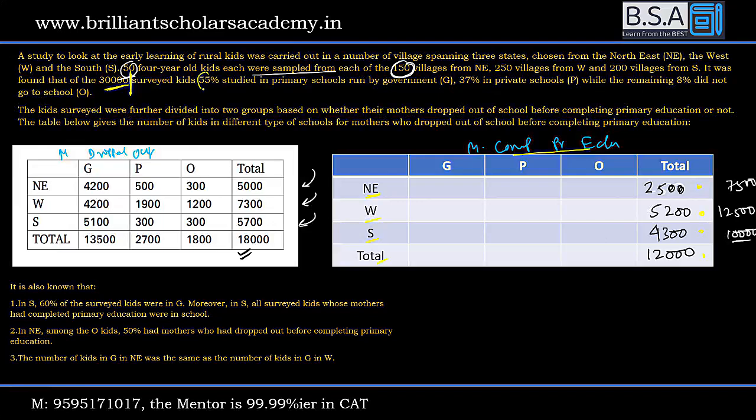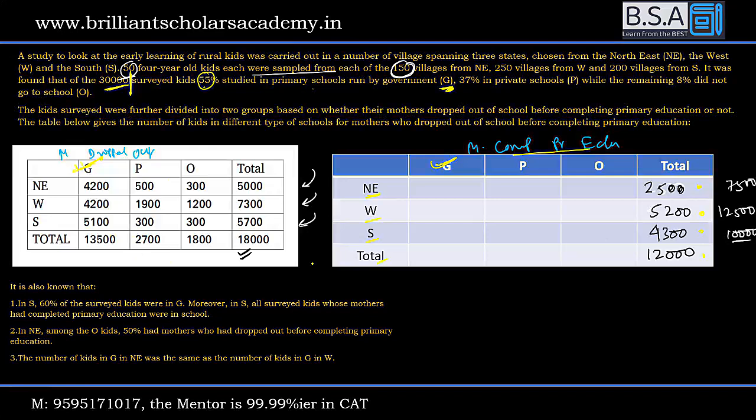What is this number? Among the surveyed kids, 55% studied in primary school by government. So government school children are these children and also these children. So these two combined should be 55%. So your job now is to find out 55% of 30,000. 55% of 30,000 is 16,500.